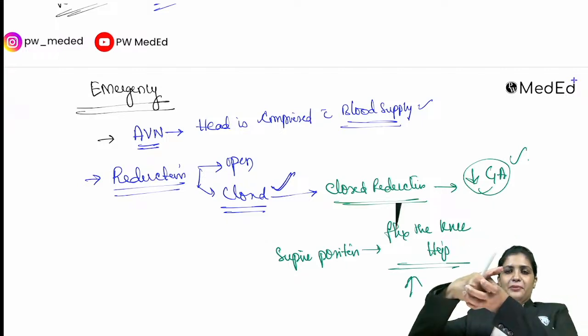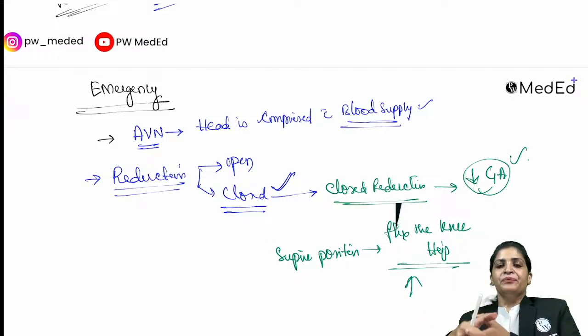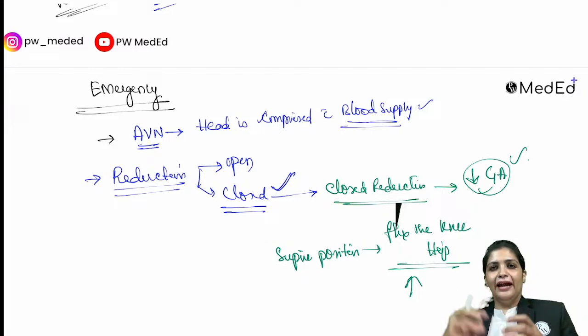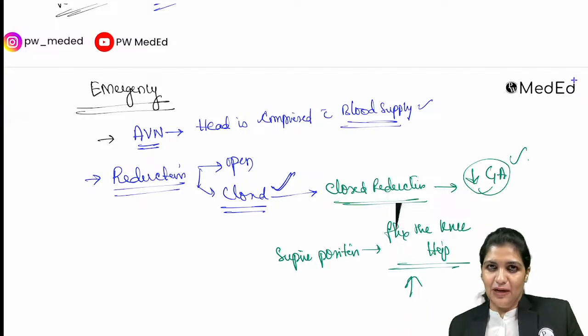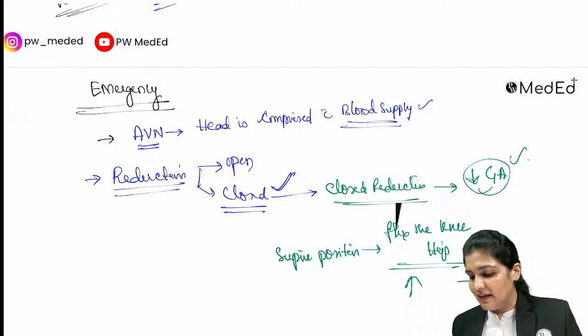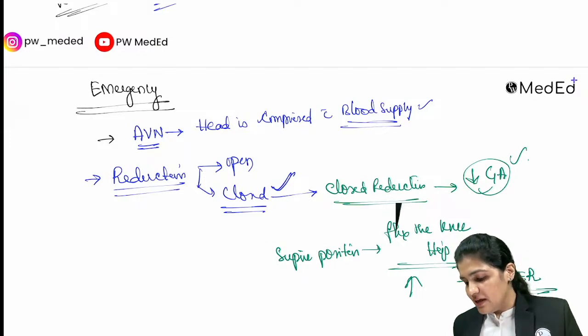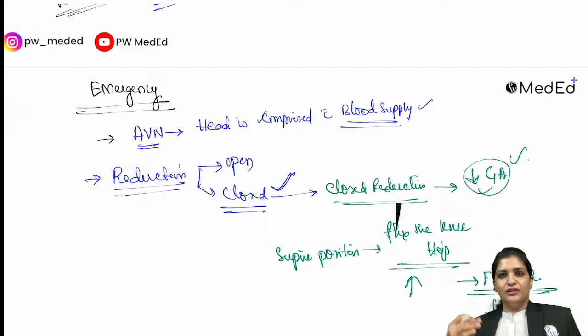So you have to pull the femur up and then slightly do the rotations. Then your head will come and sit into your acetabulum. There you can hear what is called the click sound, and then you put this limb in external rotation, with your traction, for at least 3 weeks. So this is the treatment.